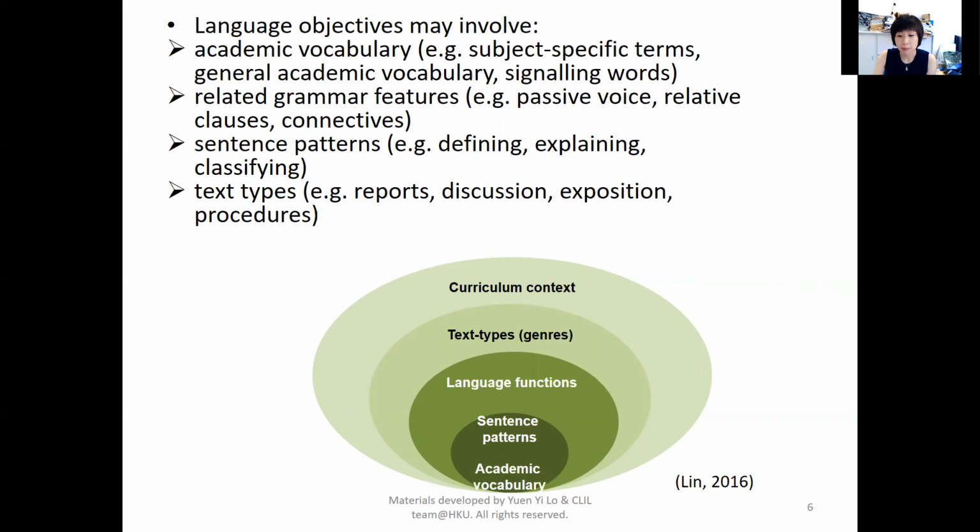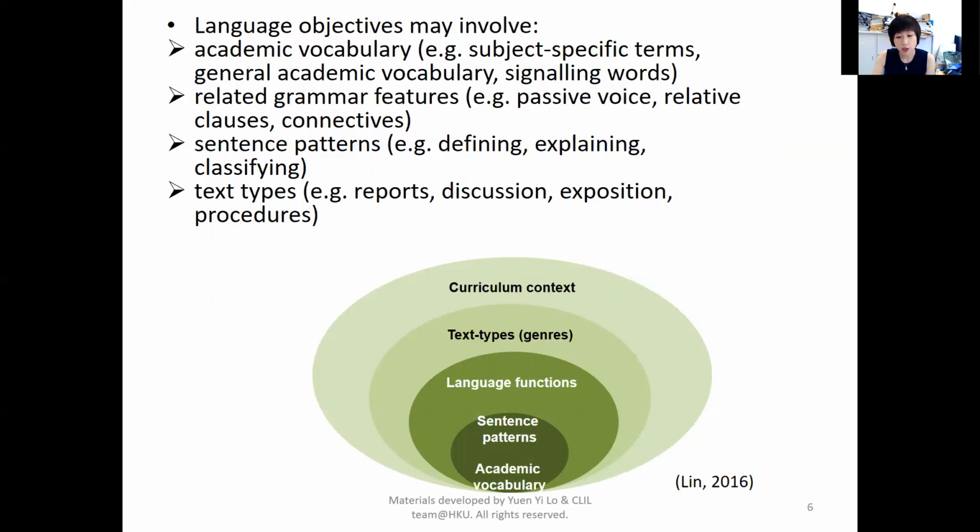Language objectives may cover different levels or layers of language. We may refer to the genre 8 proposed by Lin to understand the different layers of language. Within a curriculum context, for example, different content subjects, there are different text types which achieve particular communicative functions, such as arguing for a point of view, explaining the occurrence of a phenomenon, recounting a historical event.